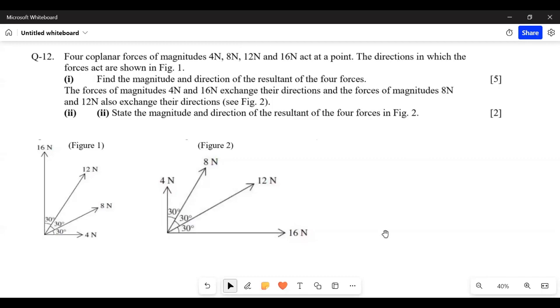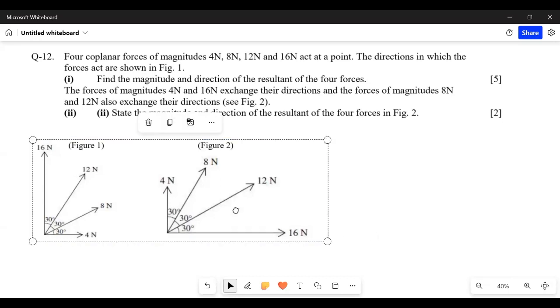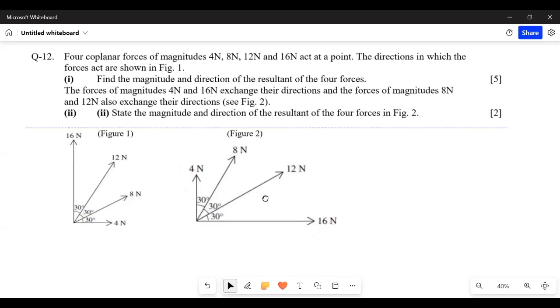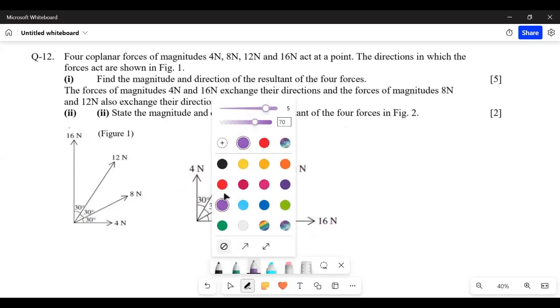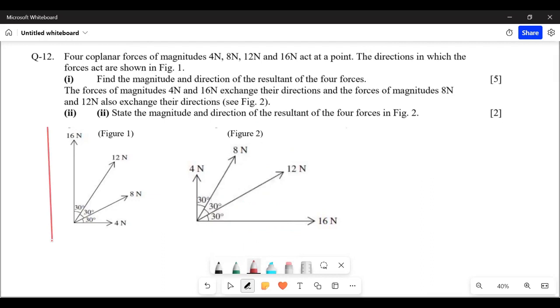Four coplanar forces of magnitude 4 Newton, 8 Newton, 12 Newton, and 16 Newton act at a point. The directions in which the forces act are shown in figure 1. We're only talking about this figure for now. Find the magnitude and direction of the resultant of the four forces.